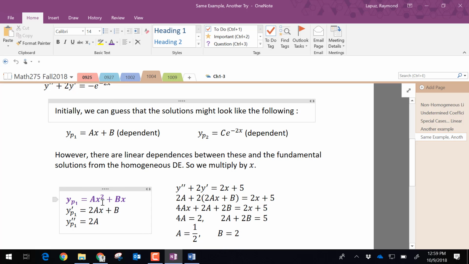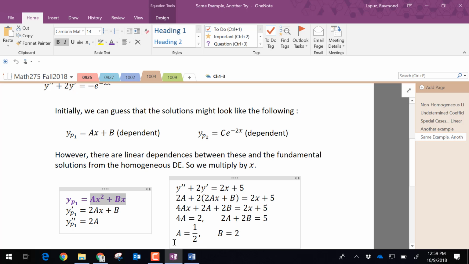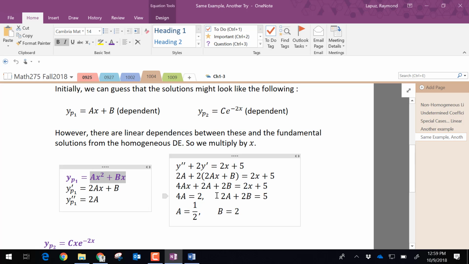And so given this new guess for your particular solution, we find the first and second derivatives, we put it back into the non-homogeneous differential equation that only contains that linear right-hand side, and then we are able to solve for a and b.